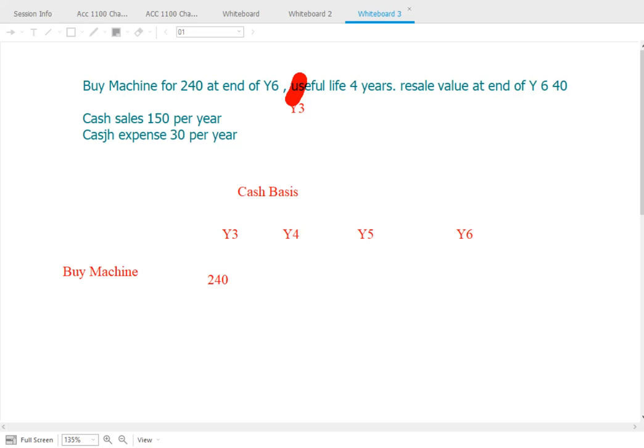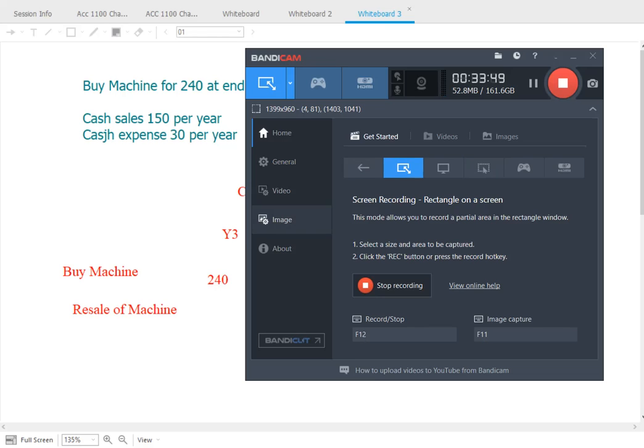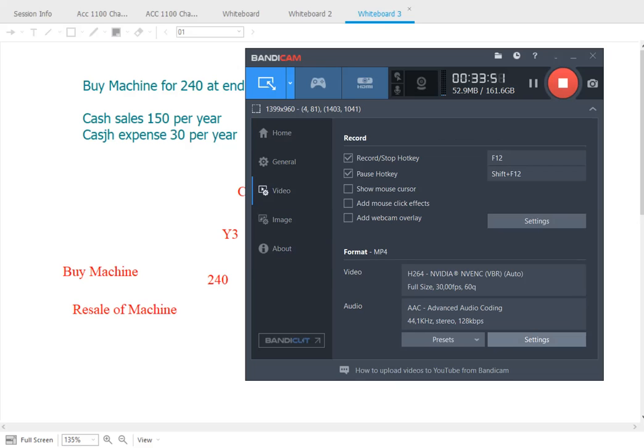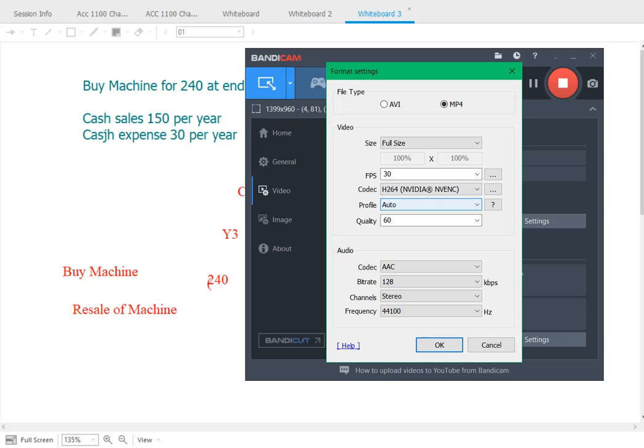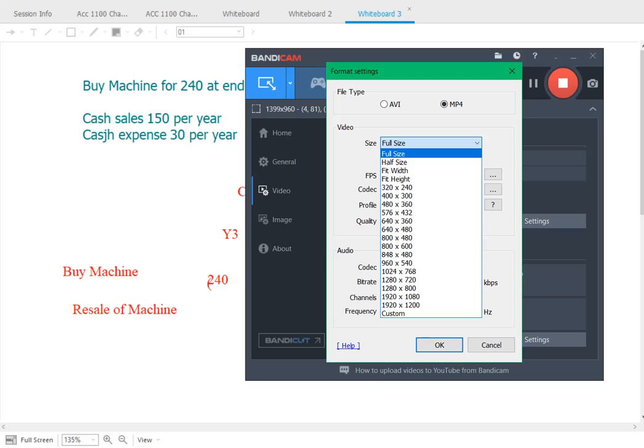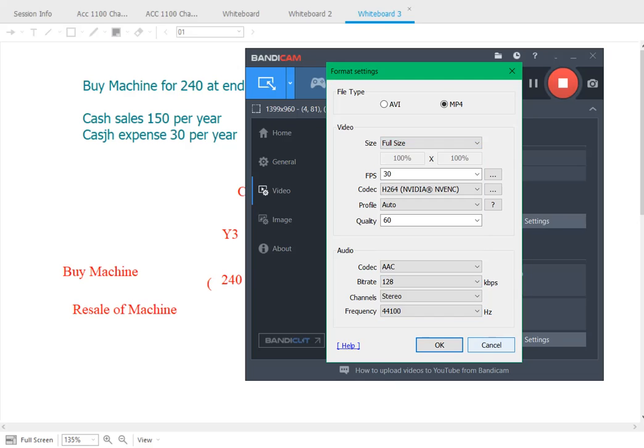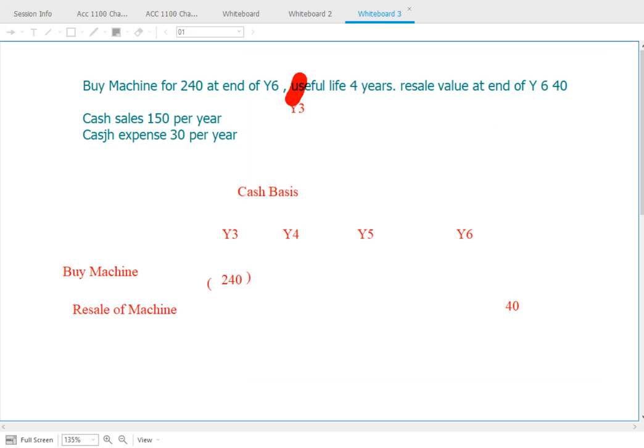So the resale of the machine will give us cash of $40. Let's put the outflow between 2 brackets to know that this will be deducted, just to make it easier for us. So when I buy a machine, this is an outflow of cash, but when I sell the machine, this is an inflow of cash.